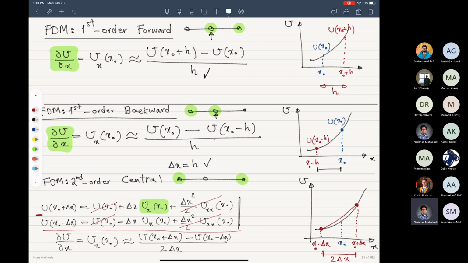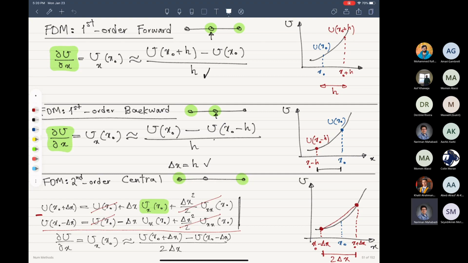So this means that using this simple linear equation, which is nothing than just the slope of your function, using the point of your unknown function in forward, you can really approximate the derivative of your unknown function with respect to any independent variable. So here it's just a derivative to x.